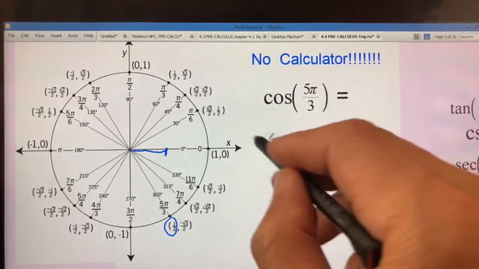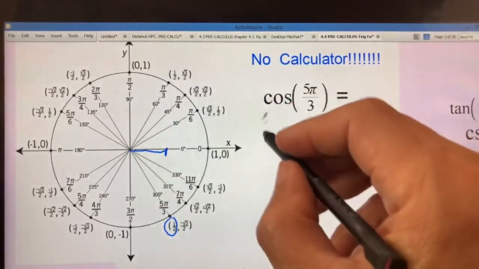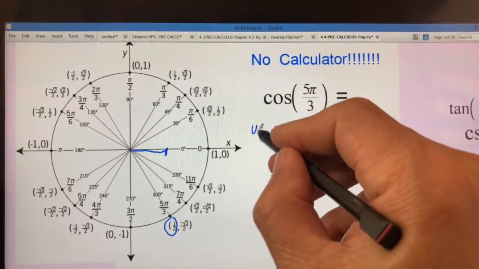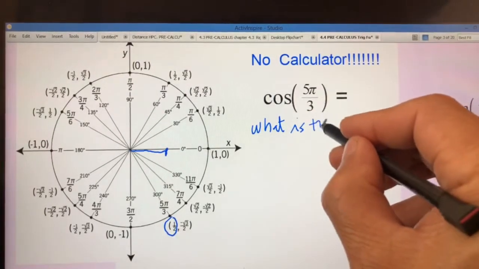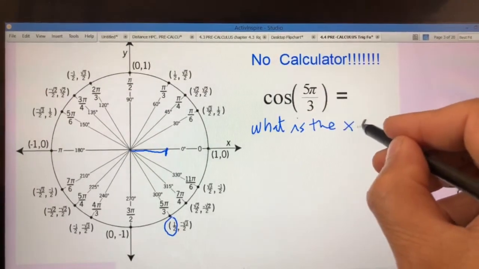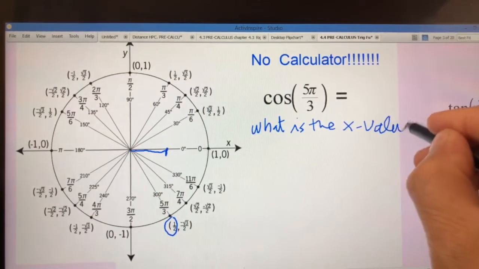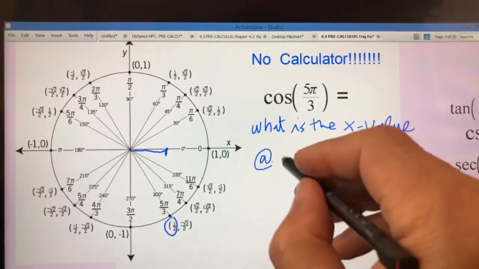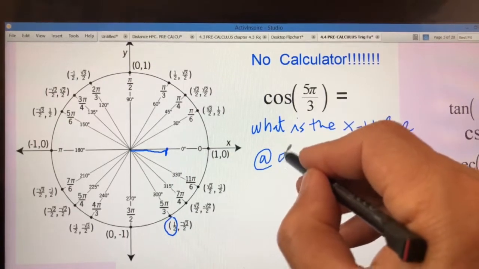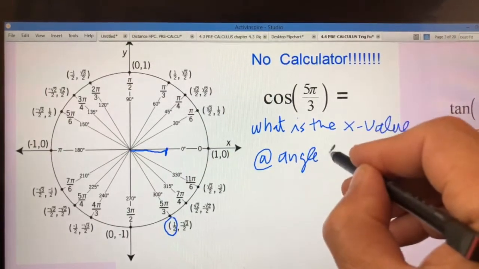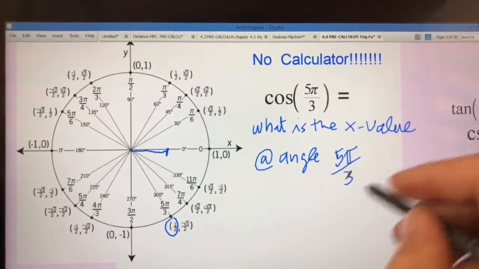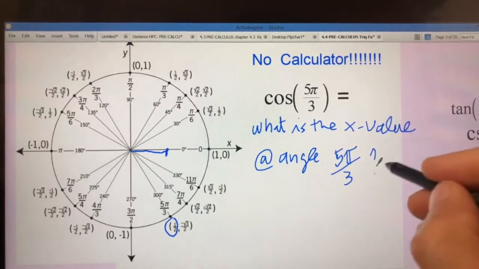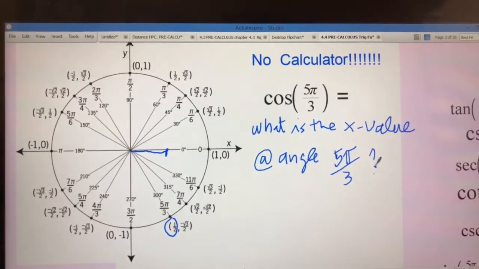And again, if you actually have to write the words out in English, it will be something like this. What is the x value or coordinate point at the angle, right? 5 pi over 3. That is the simplest way to explain that, or to read the question.